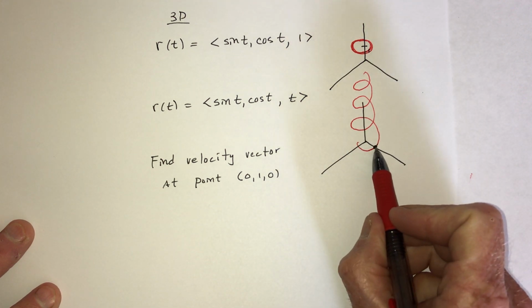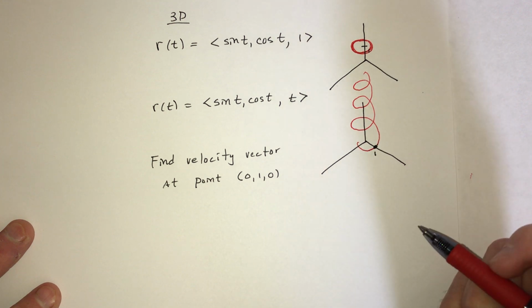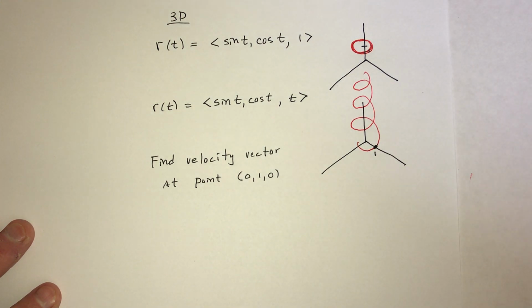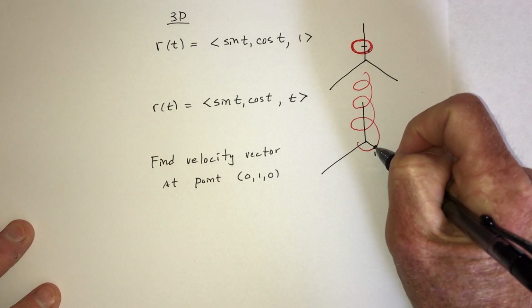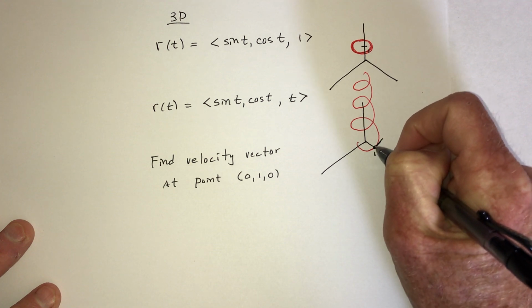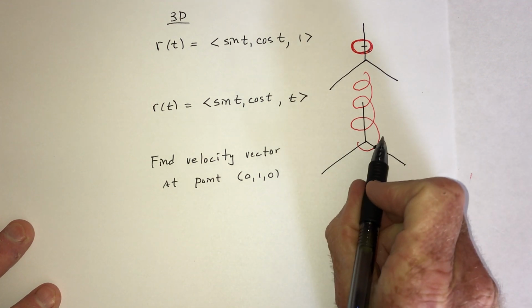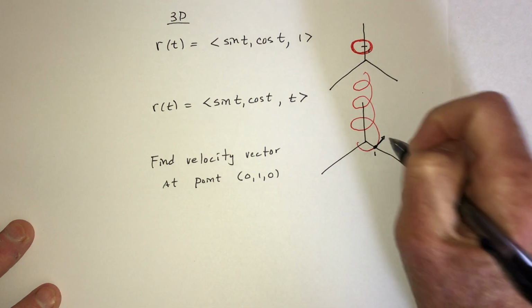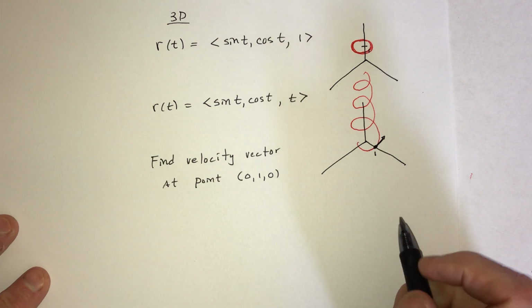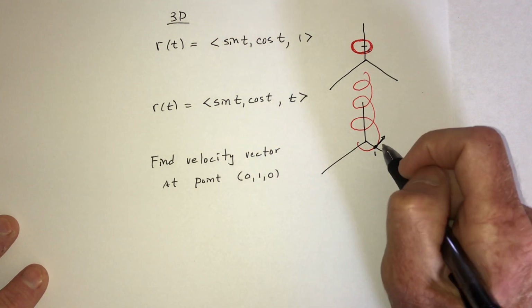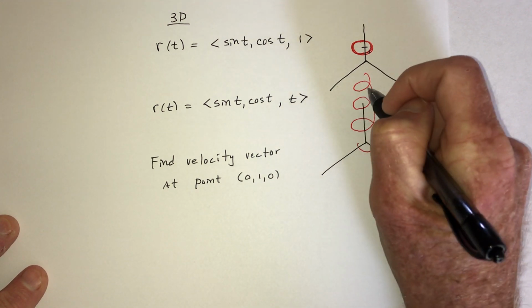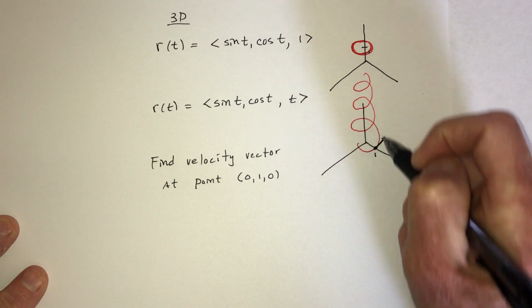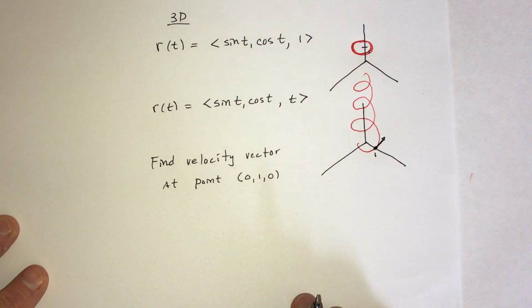So as it went through this point, then what's the velocity vector? Well, it should be tangent to this. And because it's going up and going this direction, I'm thinking it's like that. Except since I didn't actually graph it, the coil might actually be going the other way. But the way that I drew it, that's the way the velocity vector should look.